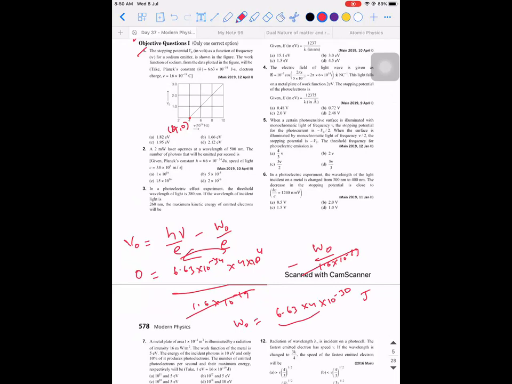So 1 eV is 1.6 into 10 power minus 19 joule, so again you have to divide it by 1.6. That will give you the answer. So 1.66. Option D, sir. Second option. 1.66. Yes, sir.